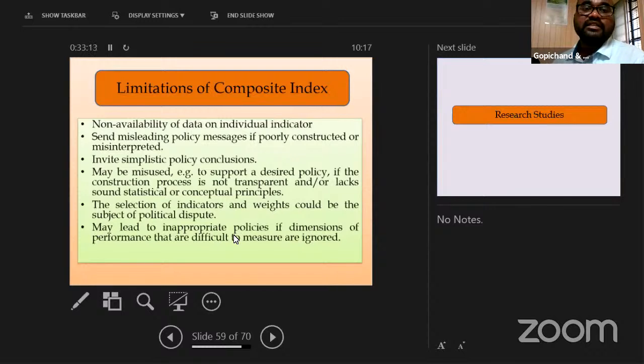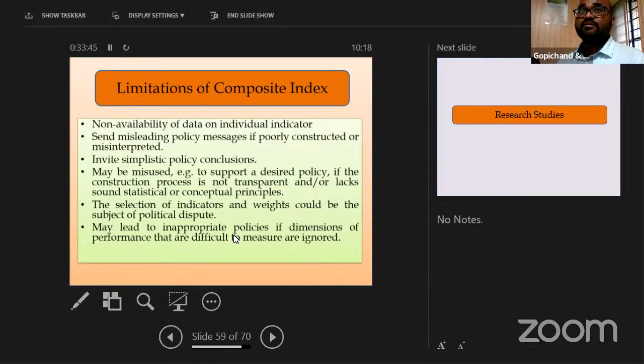It may also invite simplistic policy conclusions. We discussed that it is helpful in policy conclusions, but some underlying factors, the actual root cause of the problem, might be missing. It may also be misused, maybe due to political motives.